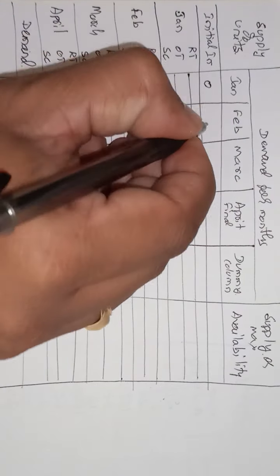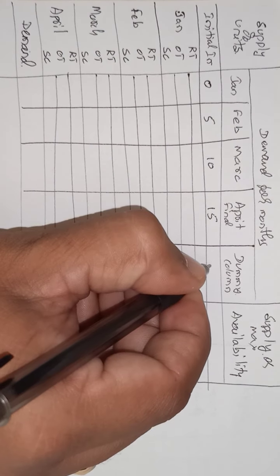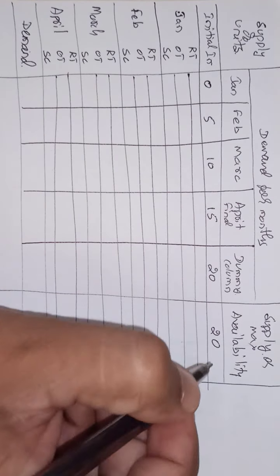Initial inventory is 0, 5, 10, 15, and here 20, so the maximum availability is 20.